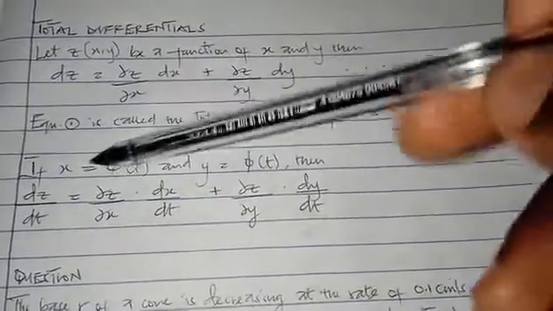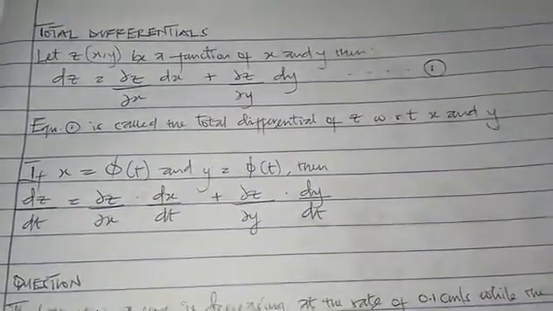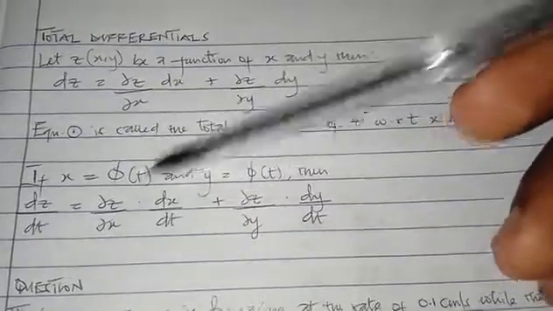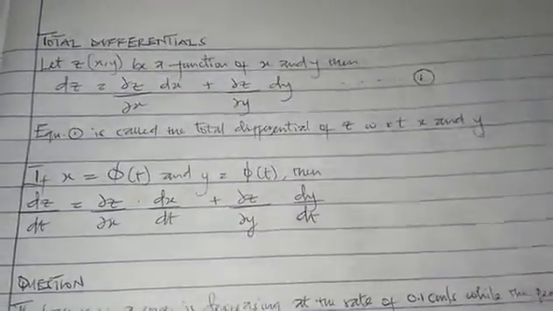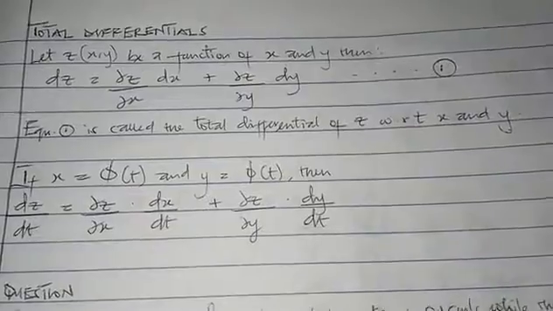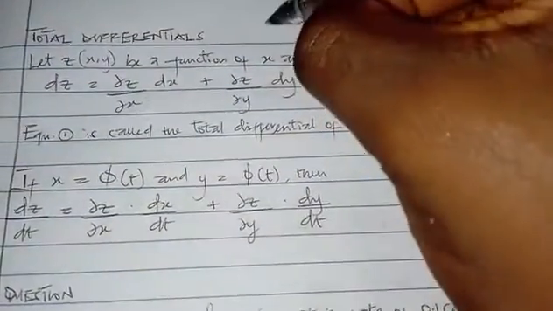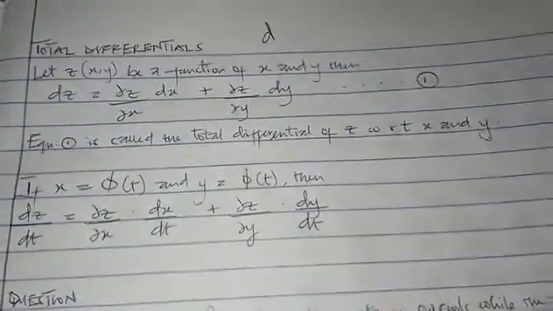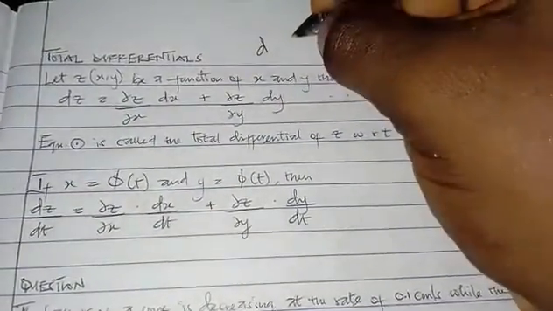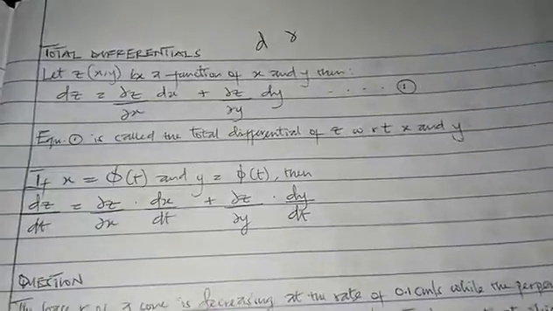Now if x is a function of t and y is a function of t, so when we talk about a single variable we use the normal differential. When we talk about multiple variables we use the partial differential.